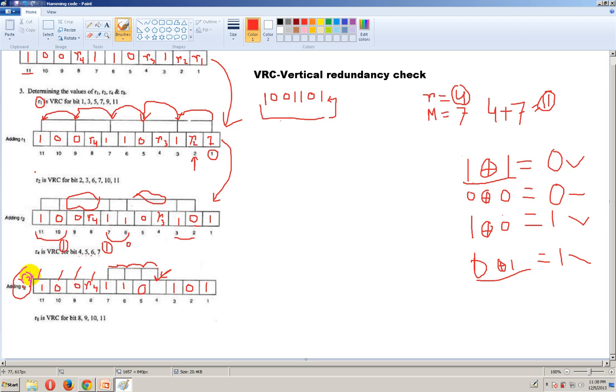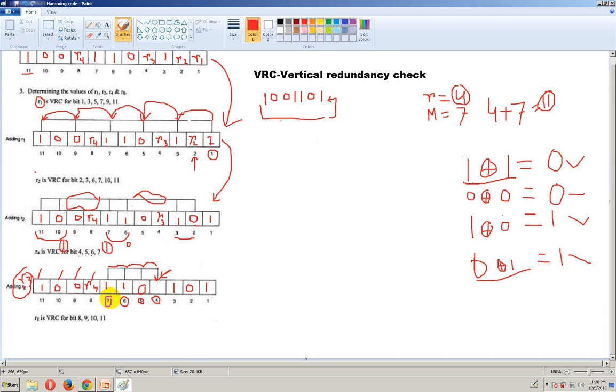After that we don't have any more data bits, so we don't continue. So the positions we get are 4, 5, 6 and 7.